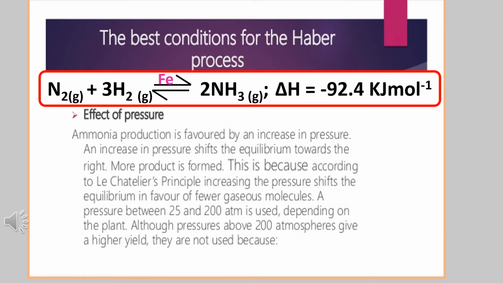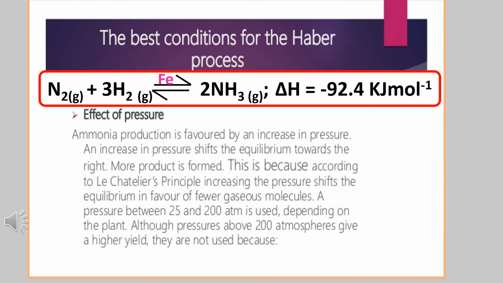So let us see what are the best conditions for Haber's process for the better yield of ammonia. The important reaction is N2 plus 3H2 in equilibrium gives 2NH3 and delta H is minus 92.4 kilojoules per mole. Let us see what is the effect of pressure on this reversible reaction according to Le Chatelier principle. Ammonia production is favored by the increase in pressure. An increase in pressure shifts the equilibrium towards the right side. That is, more product is formed.